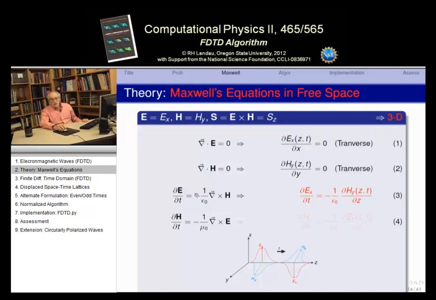But we'll see soon, we'll get rid of them, and then it'll be universal units. So equation 4 tells us the other coupled equation we have to solve, and it tells us that the time derivative of the y component of the H field, I mean, that's just too many words. So the time derivative of the magnetic field is proportional to the space derivative of the electric field.